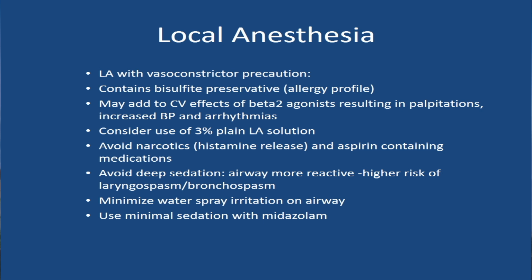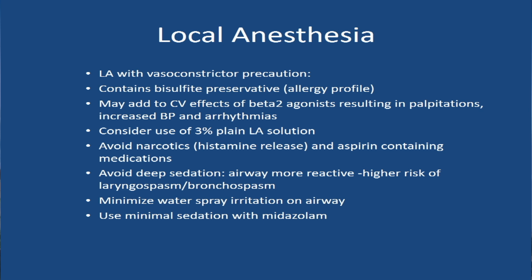Local anesthesia has an individual action of its own, and local anesthesia with vasoconstrictor requires precaution, because the local anesthetic contains a bisulfite preservative, and we need to watch and make sure that patients that we treat don't have an allergy to any sulfur drugs. And if they do, then we need to find a medication that we can use that will be without this bisulfite preservative.